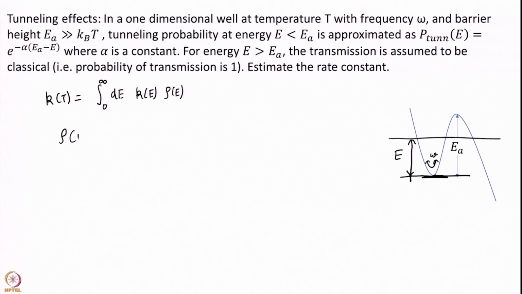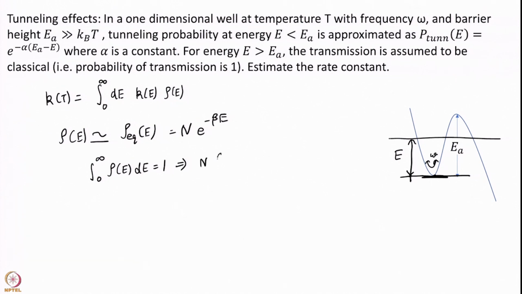Rho I am going to approximate, as we have always done in transition state theory, as the equilibrium. So, that is given by e to the power of minus beta E in one dimension. Okay. So, we will find this N as always from 0 to infinity, this should be 1. So, now this is easy to integrate.